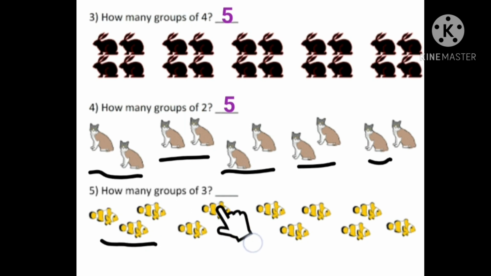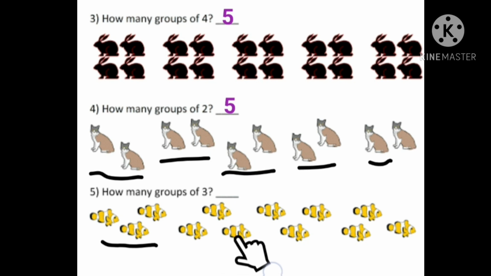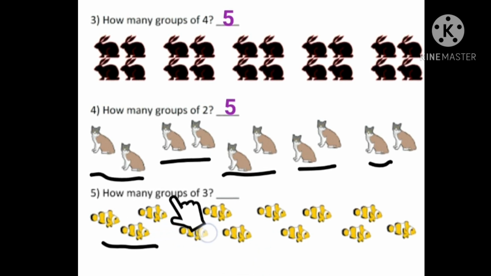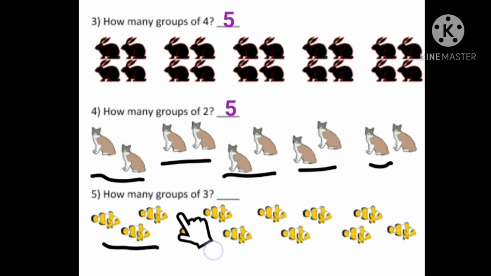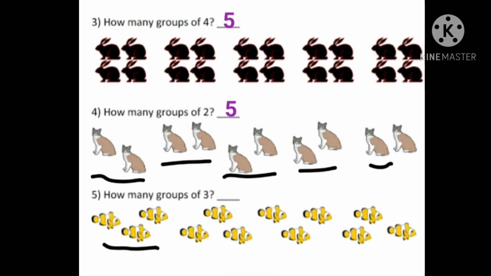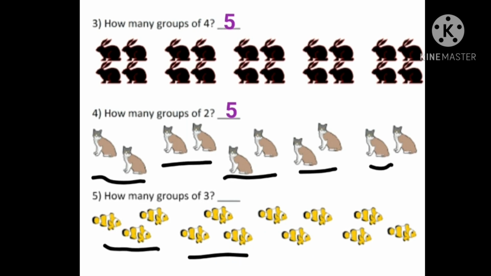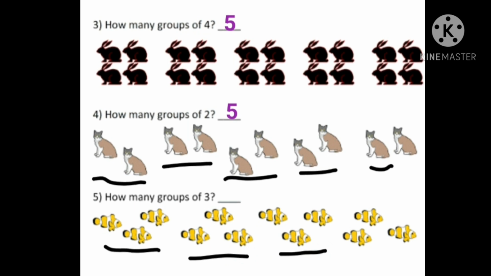Next, we make these 3 fishes into another group. In this question, it is already given we have to make groups of 3. So we are taking 3 fishes. Okay. So this is the second group and the third group, which also contains 3 fishes.